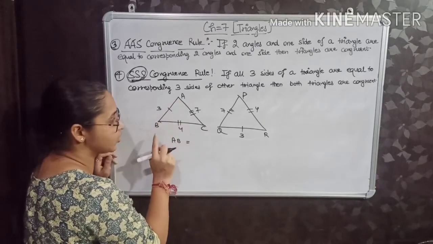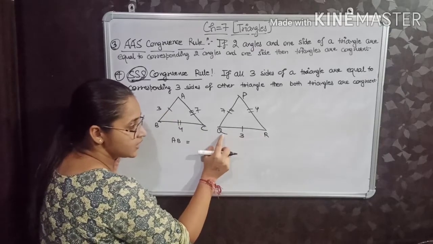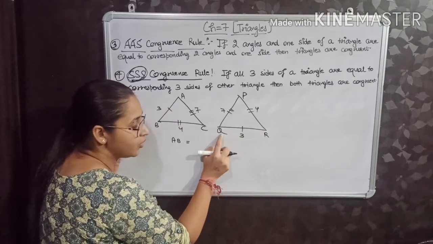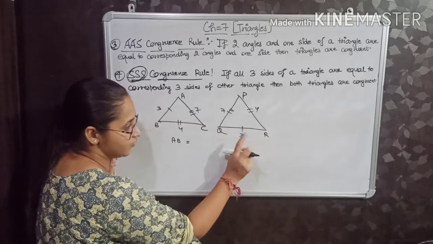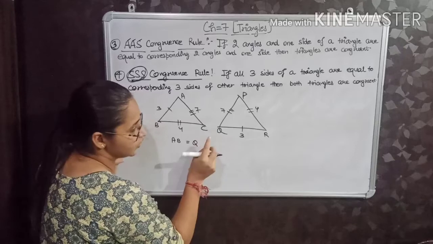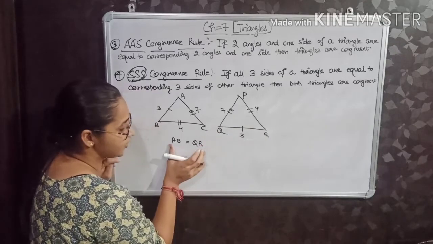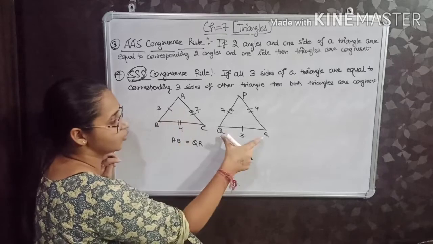AB is equal to, now where is 3 in the other triangle? We will start from Q, or you can start from R as well. So we will start from Q. AB is equal to QR. QR is 3. So the first condition is AB is equal to QR.